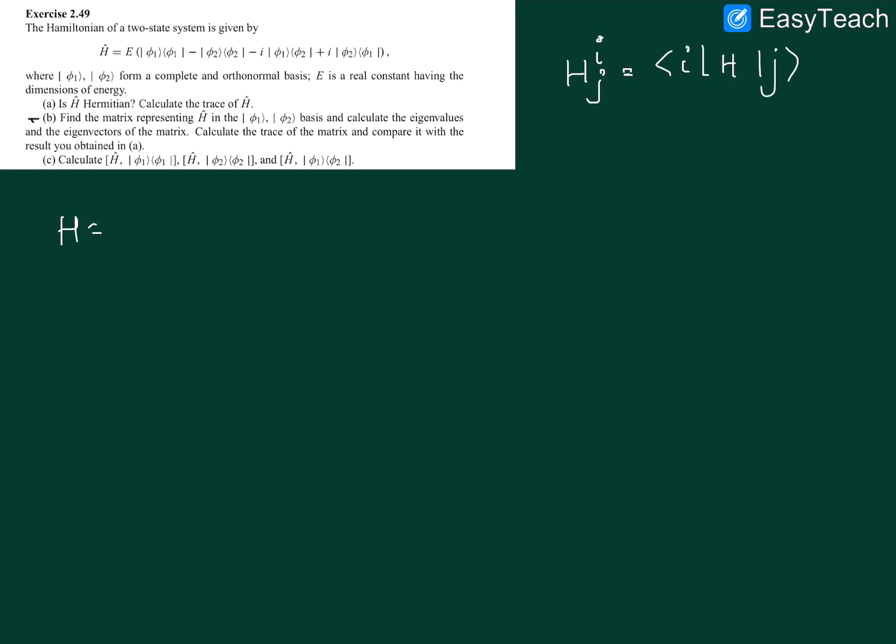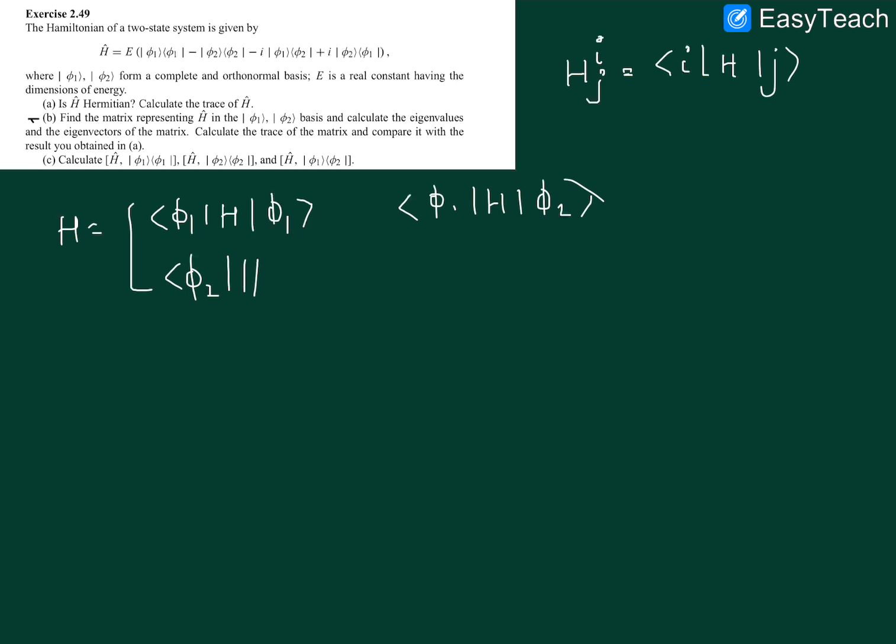So H will be a 2x2 matrix. So it's phi 1 H phi 1, phi 1 H phi 2, phi 2 H phi 1, phi 2 H phi 2.